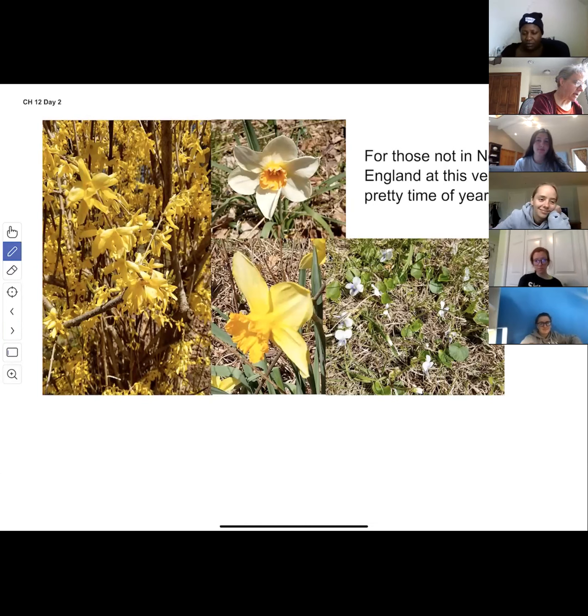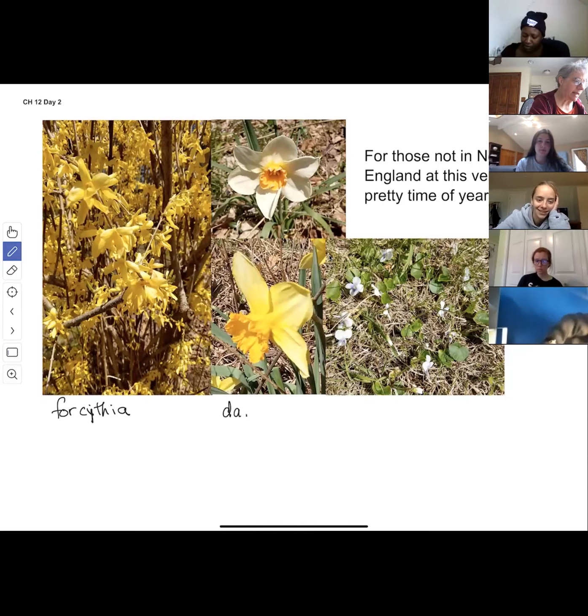The forsythia, I think this is how you pronounce it, forsythia, is in full bloom, and it's really grand. And I've got a garden full of various kinds of daffodils, and they're looking really, really nice.